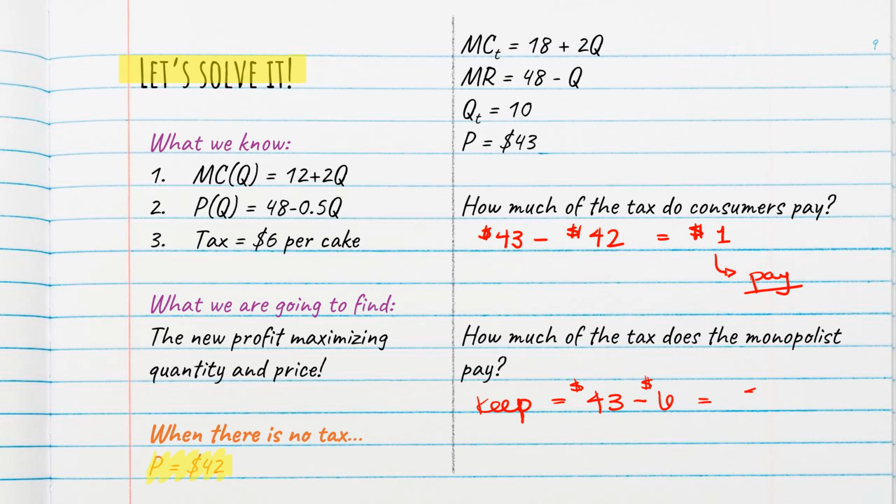That means that for every cake they sell, they only get to keep $37. So now we think about it again. They used to get to keep $42. Now they only get to keep $37. So how much do they pay? They pay 42 minus 37, which is equal to $5 of the tax.